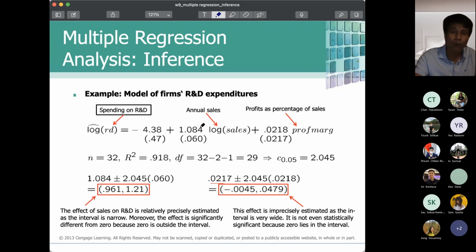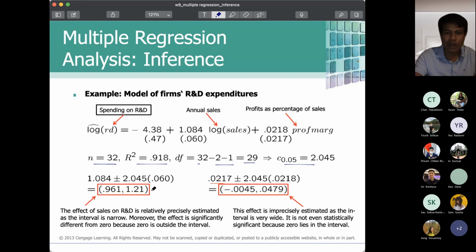This is the slope, or we call it the coefficient for sales, and the coefficient for profit as a percentage of sales. The observations are quite few, only 32. R square is very high, almost 92%. Degrees of freedom is 29 because this is n minus k minus 1. The critical value is 2.045.